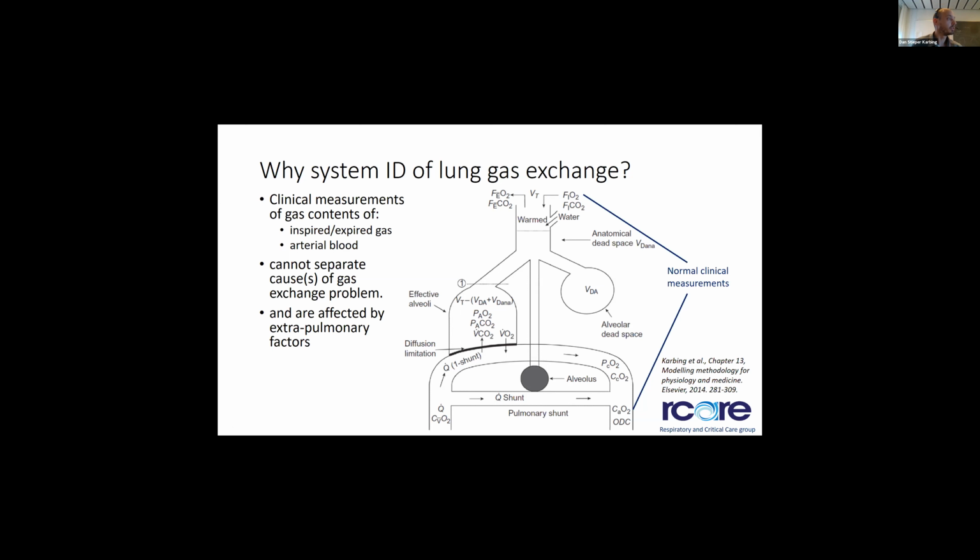It's not difficult to realize that if you're only measuring what you put into the lungs and what is coming out at the other end, it's very difficult to separate what part of this gas exchange problem is due to shunt, what part is due to ventilation perfusion mismatch, and what part is due to dead space, even though it's of course very valuable in determining that you have a problem in the first place.